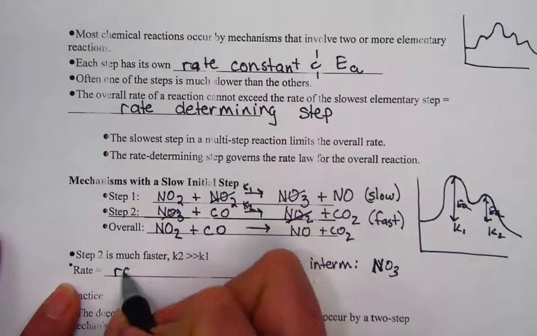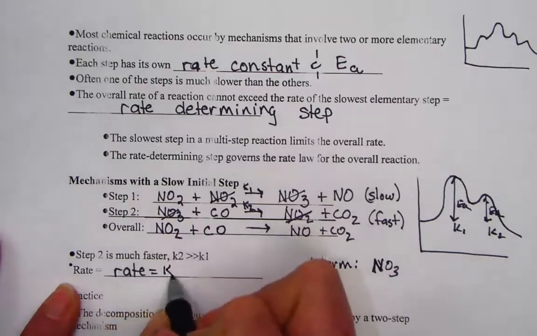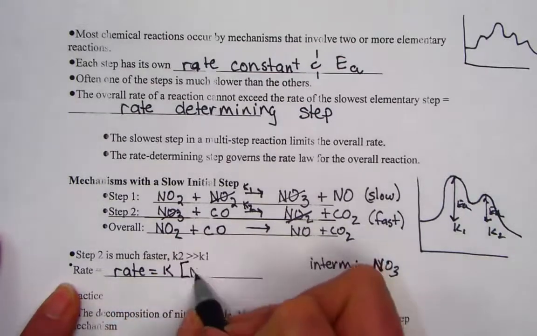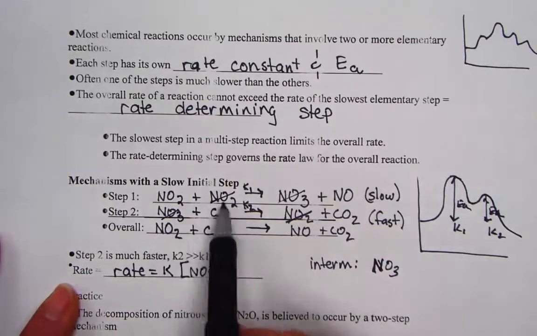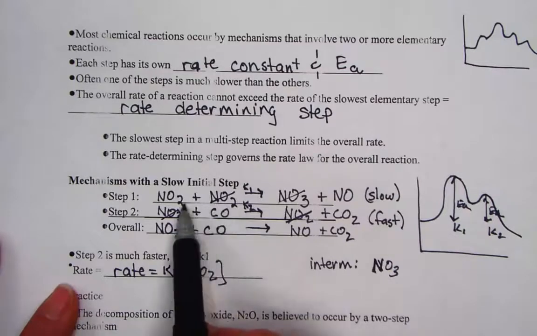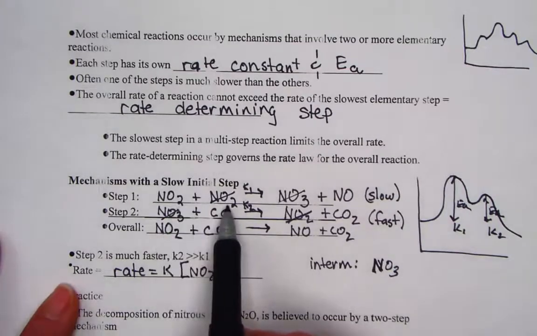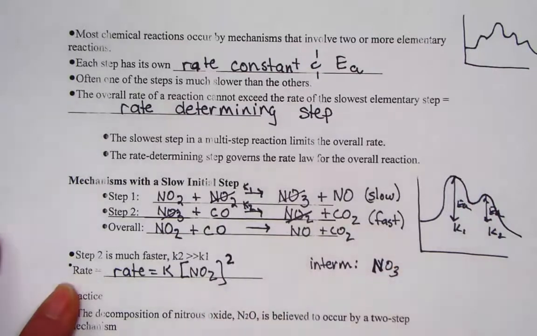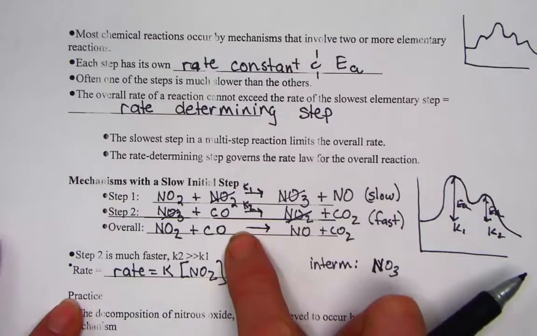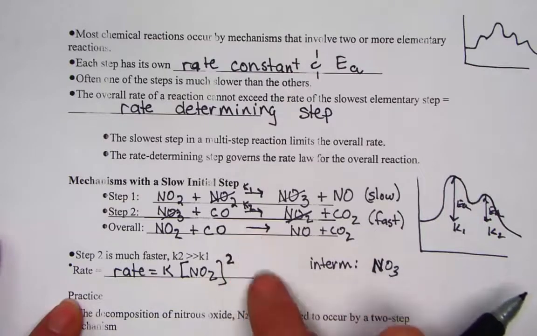When I look at rate is equal to k, the nitrogen dioxide molecule, NO2, collided with itself in my first proposed elementary reaction. NO2 colliding with a molecule of NO2 gives me a bimolecular elementary reaction showing a second order with respect to NO2. Notice the other reactant, CO, does not even appear in the rate law.